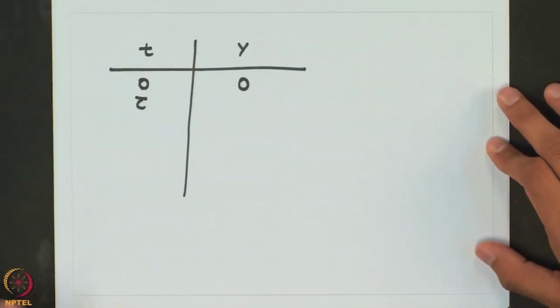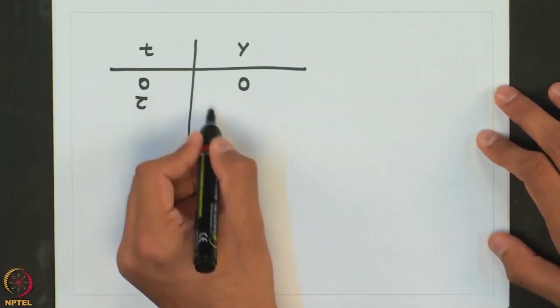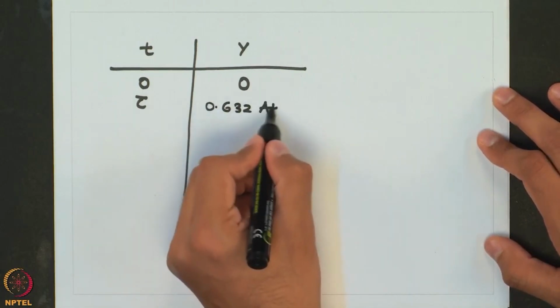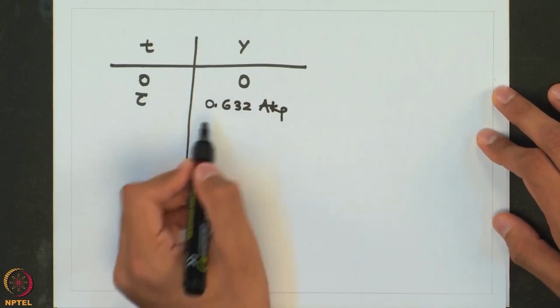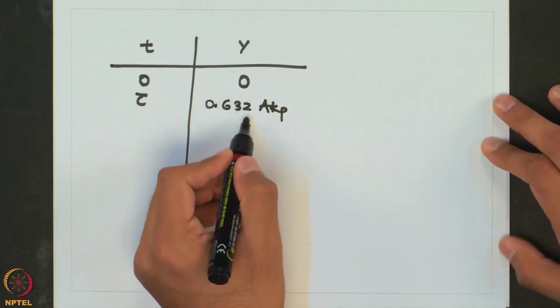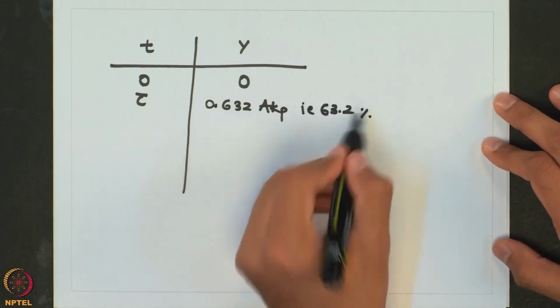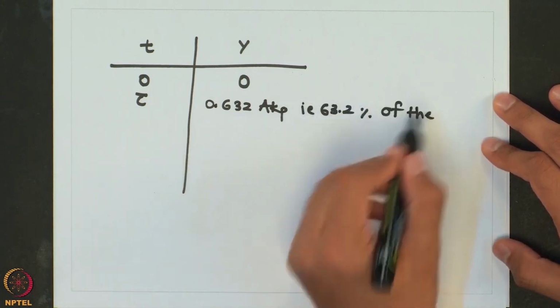So, when time is equal to tau, the response we get is 0.632 times AKP, which is the same as 63.2% of the final value, as the final value is AKP.